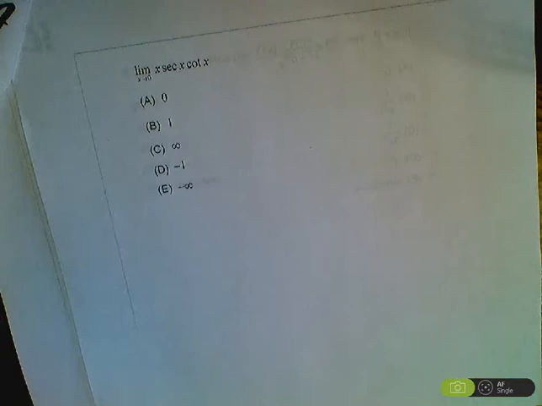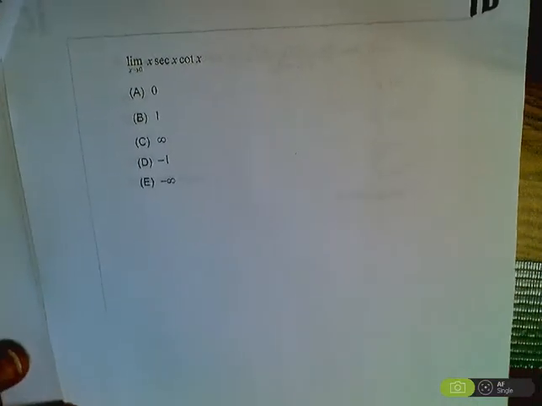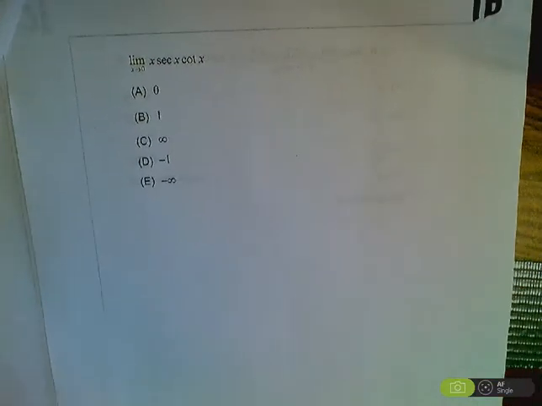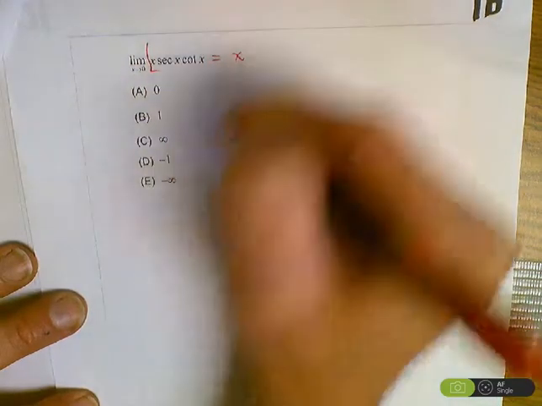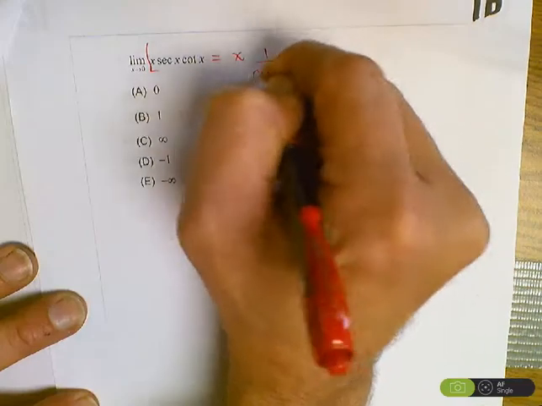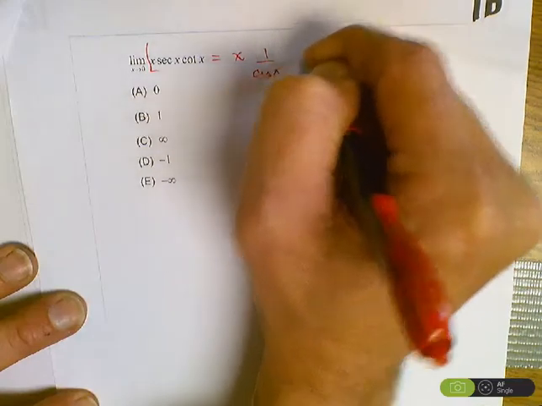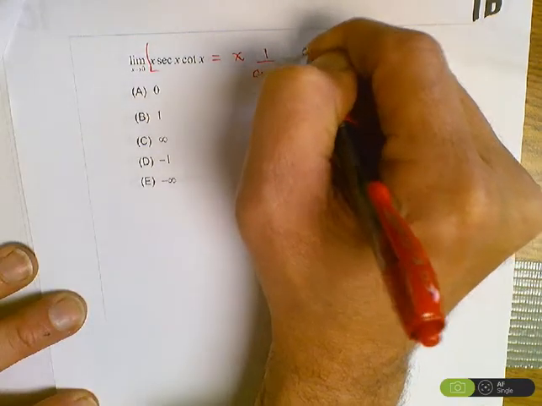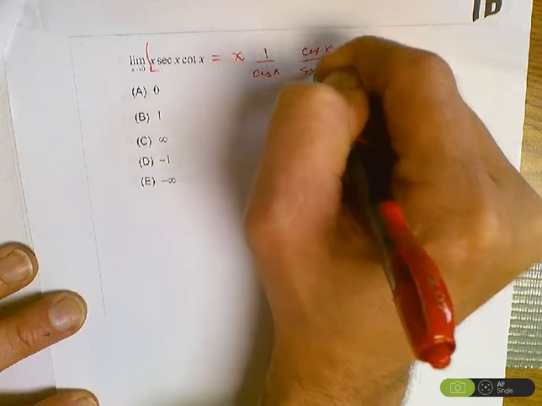Okay, number 1b. Now this is a hidden one. This says x times the secant times the cotangent. The strategy here is to write them in terms of sines and cosines. So this is going to be 1 over cosine of x, and this is going to be cosine of x over sine of x.